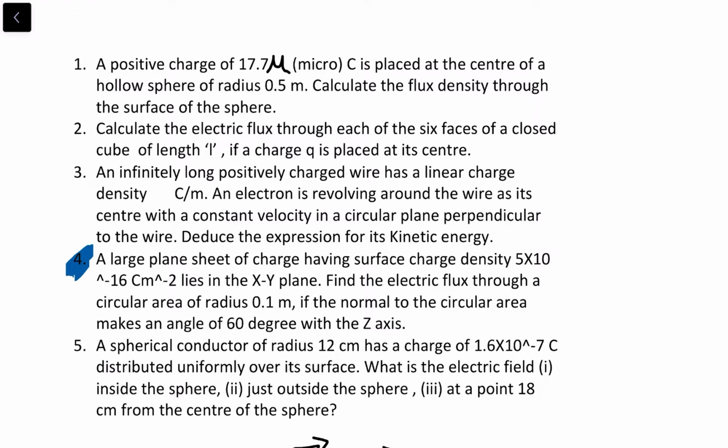Observe carefully, this sheet is in the xy plane. But where is this circular area? The circular area is somewhere, but its normal makes an angle 60 degrees with the z-axis. So now let's start our problem.